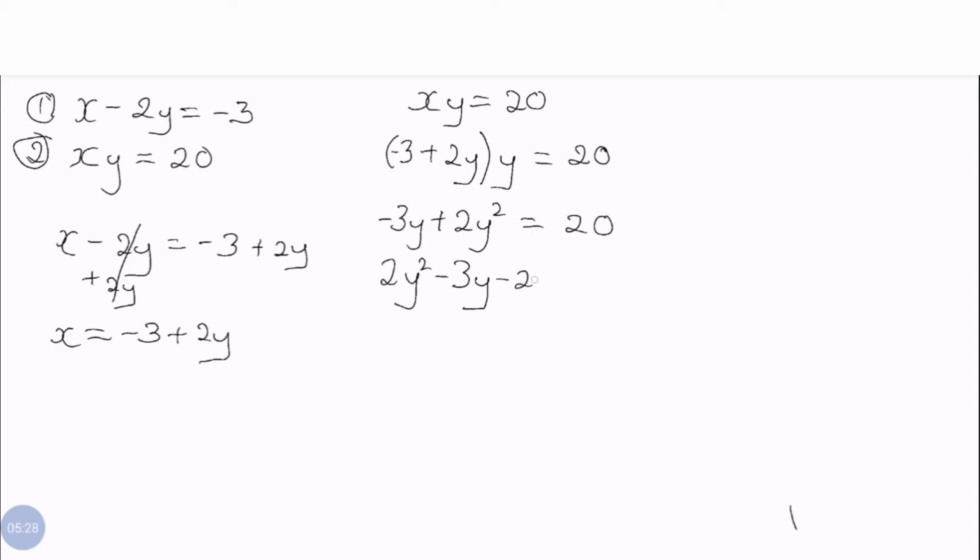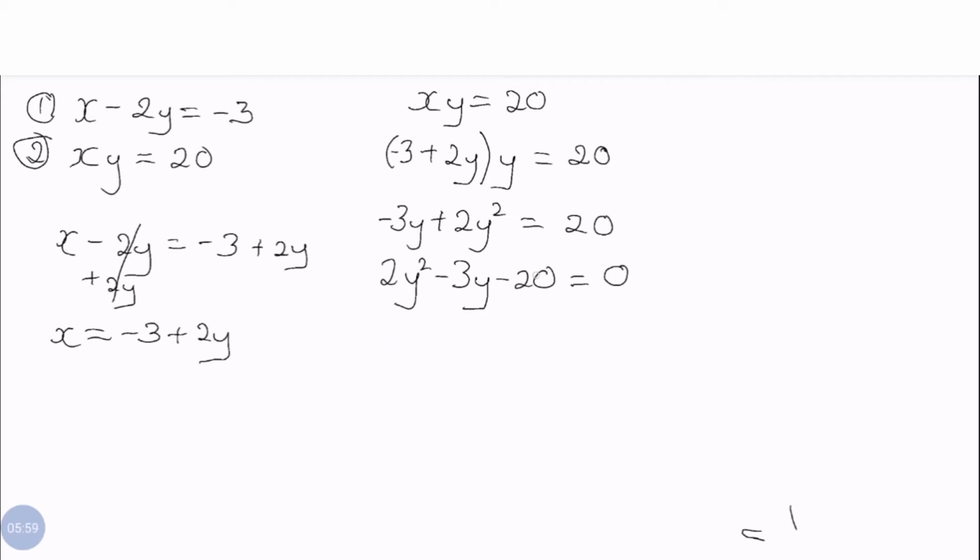So we will have -20 equal to 0. So now we have 2y squared minus 3y minus 20 equal to 0. So now what's left is we have to factorize this so that we can get the values of y.